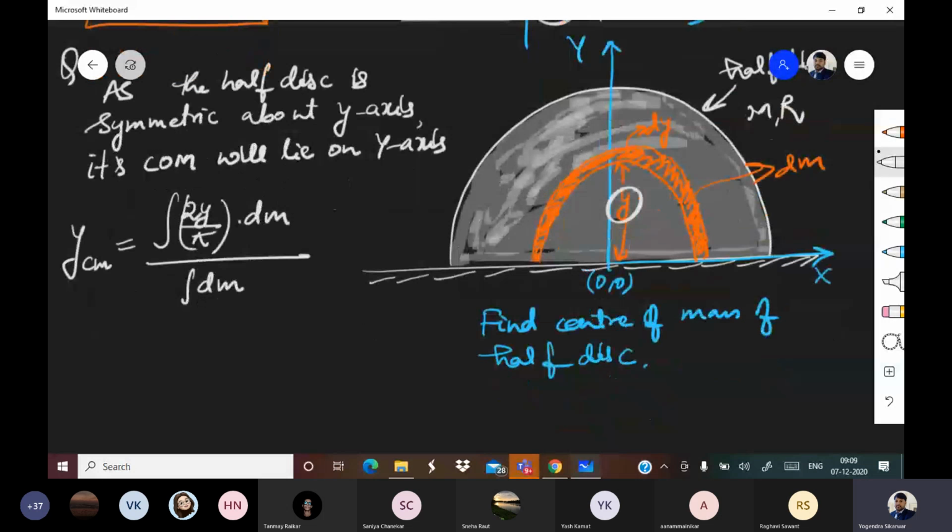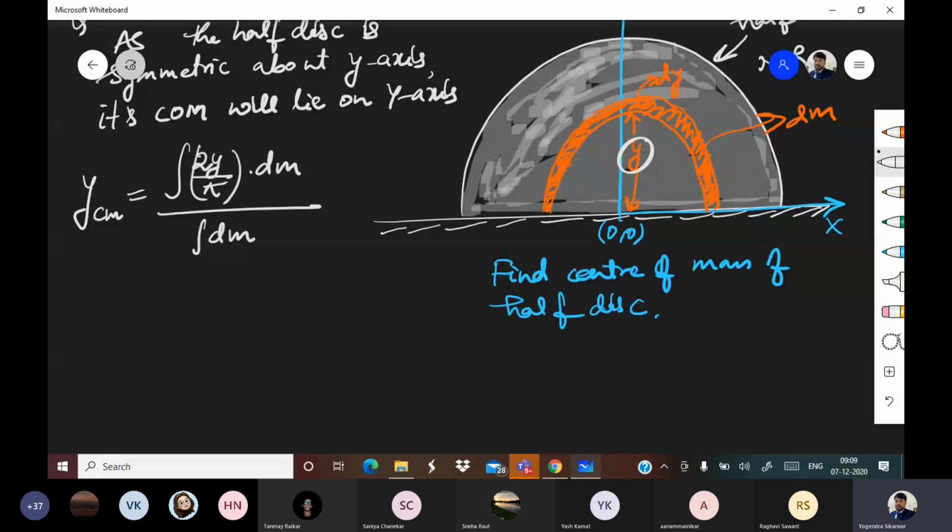Everyone please pay attention. In this whole process, what is the area of this half disk? That is pi r square by 2. So in area pi r square by 2, the mass is capital M. So in unit area it will be 2M upon pi r square.